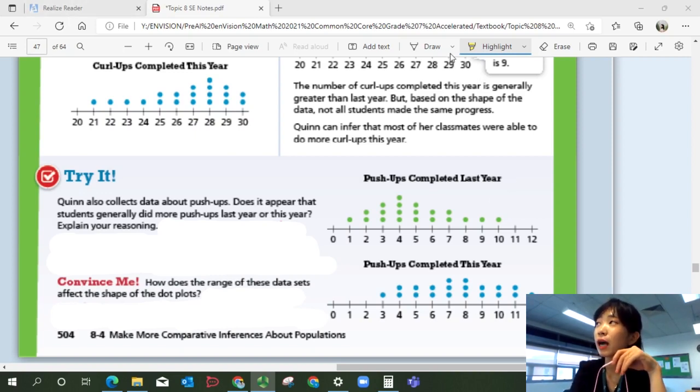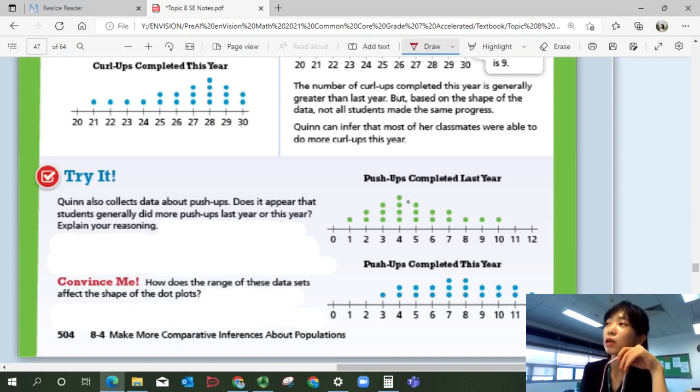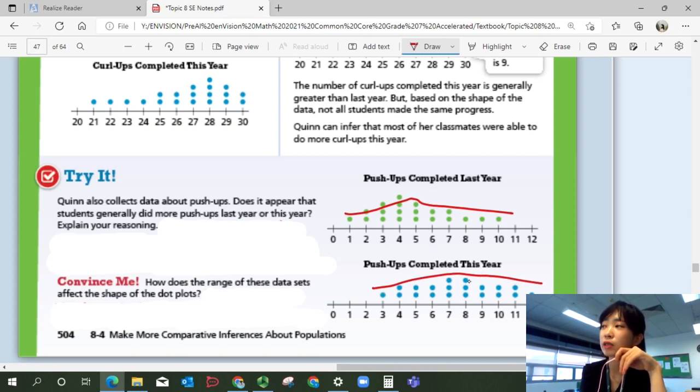So if you look at the data, the cluster, the shape gives you a peak and where it's usually clustered. So it's more spread out. The shape is lower and more spread out, it seems, this year compared to last year.